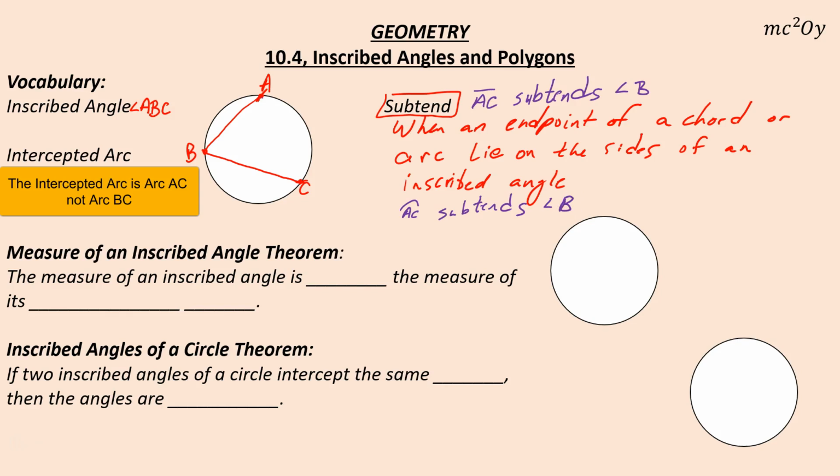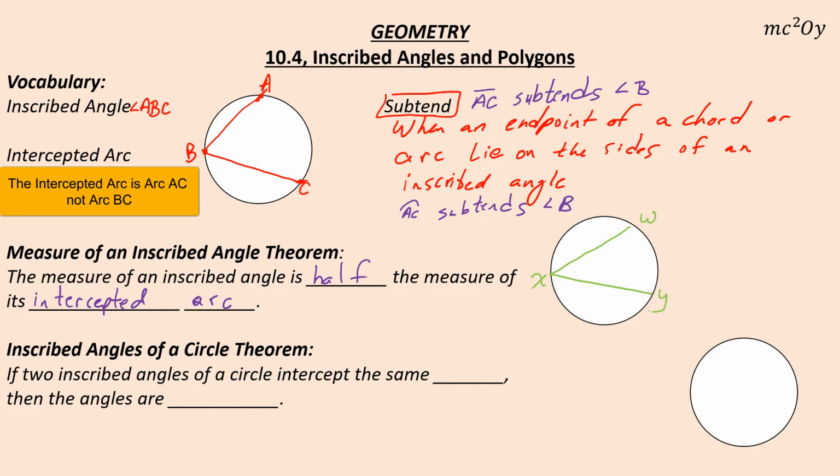All right. The measure of an inscribed angle theorem. So the measure of an inscribed angle is half the measure of its intercepted arc. All right. And so let's give it a different inscribed angle here. Let's say I have the inscribed angle, and we'll call it this time WXY.